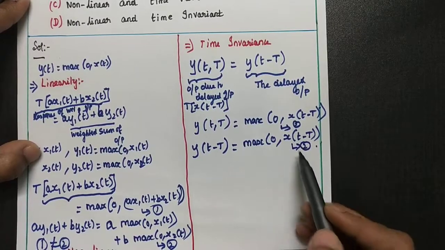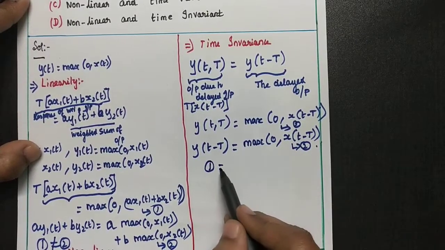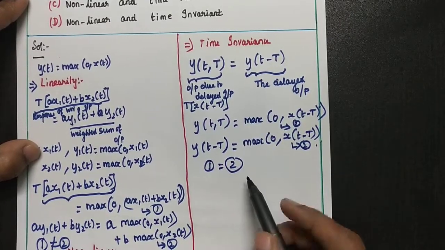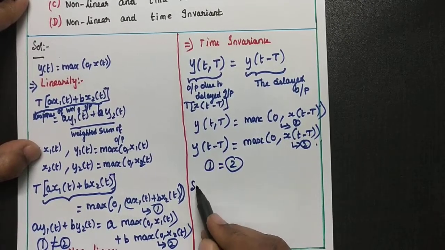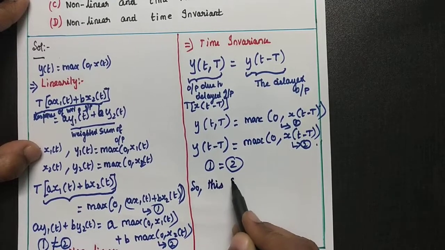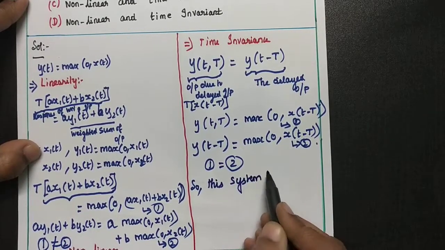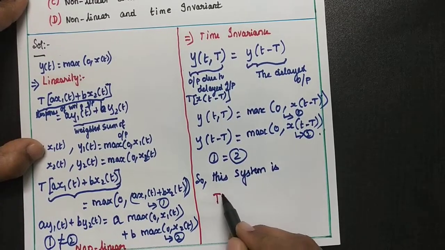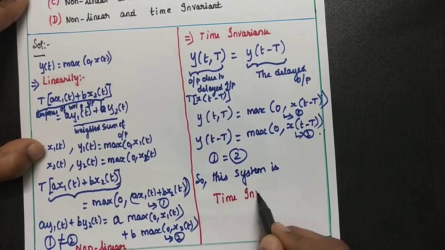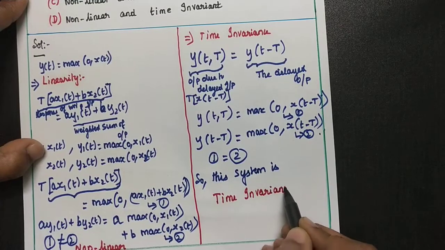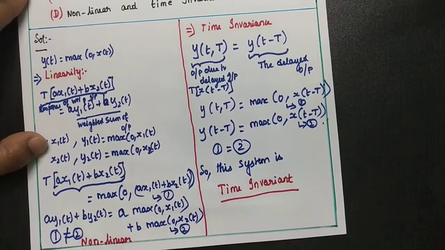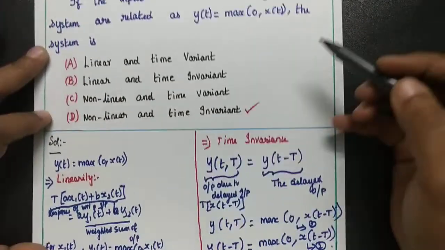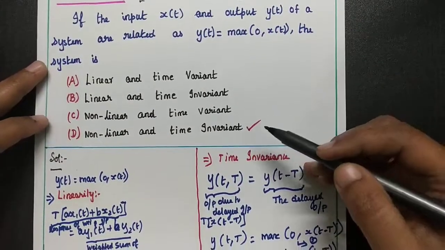Both equations are equal, so 1 equals 2, and the time invariance condition is satisfied. So this system is a time invariant system, and it is a non-linear system. So option D is correct.